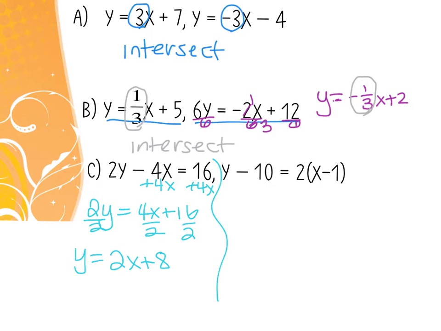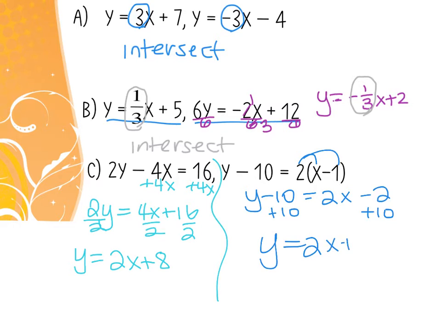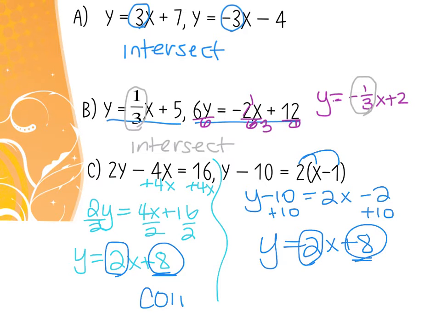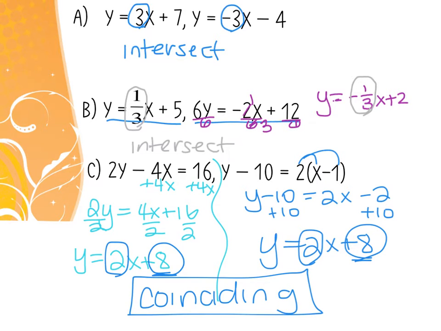This one is in point slope format, so I want to distribute the 2 and add the 10. This time, the slopes are the same, which means they're either parallel or coinciding, and for that, I look at the b. Because the slopes are the same and the b is the same, these are coinciding. If the slopes were the same, but the y-intercept was different, these would be parallel.